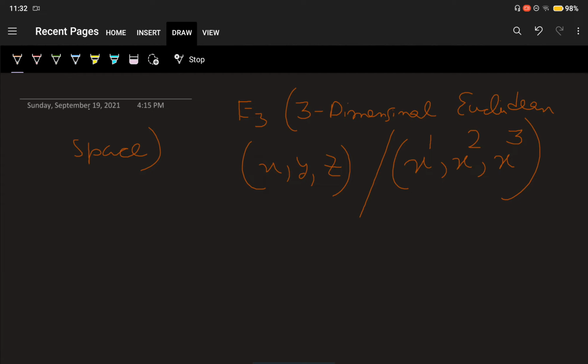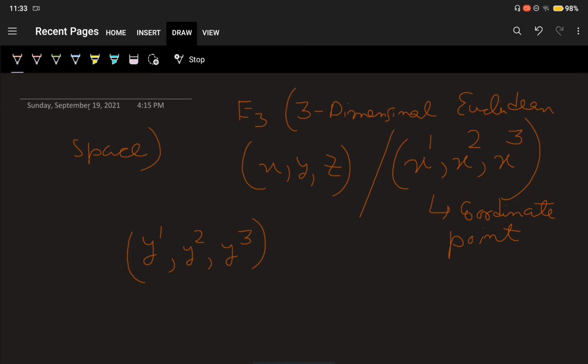Now this is one coordinate point, and another coordinate point can be written as y superscript 1, y superscript 2, y superscript 3. This is another coordinate point.